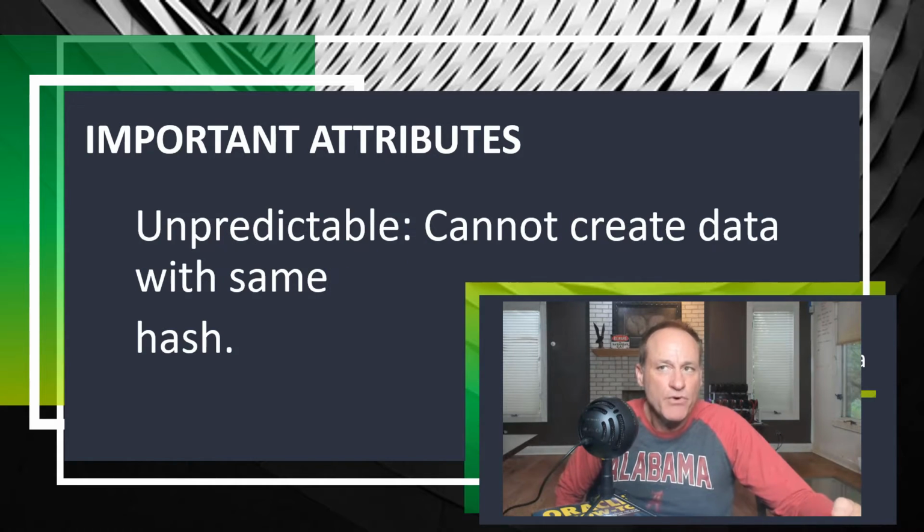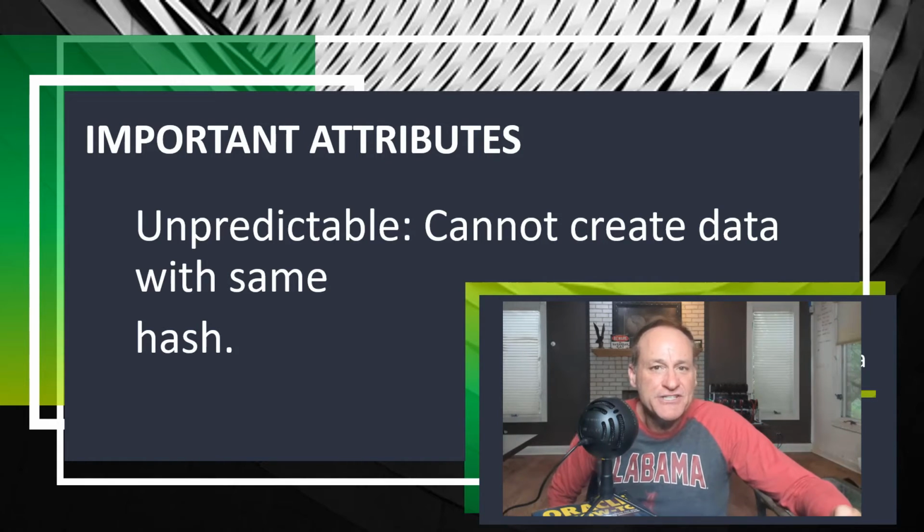The next thing that's important is that the data is unpredictable. It's impossible to look at the source data and then from there determine what the hash is going to be. So if somebody tells me there's a document and this is the hash value of the document, I can't take another set of data and alter it in such a way that I come up with that same hash value.